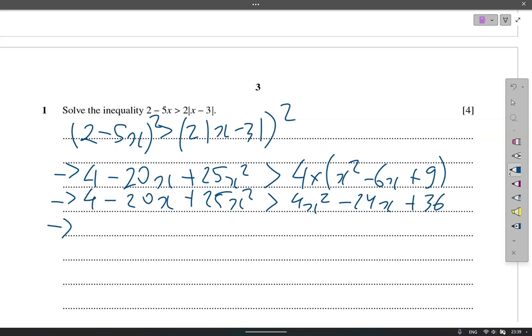And if we take all the terms and put them on one side, it gives us 21x squared plus 4x minus 32 greater than 0.